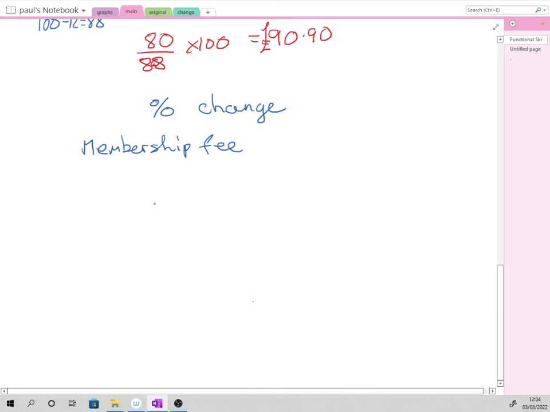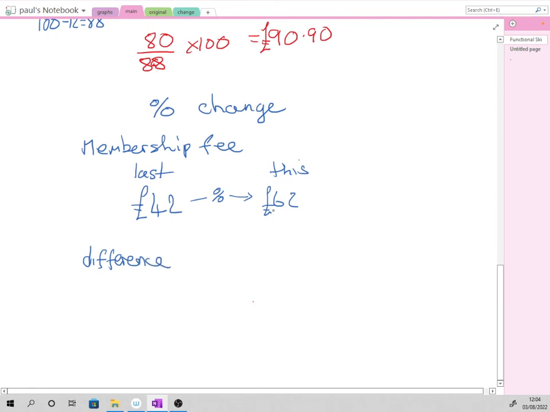And it was £42 per annum last year, and this year it's going to be £62. So you've got a beginning number and an end number, and you want to find what's the percentage to get from there to there, the percentage change. Now, the way to work this out is always the difference.